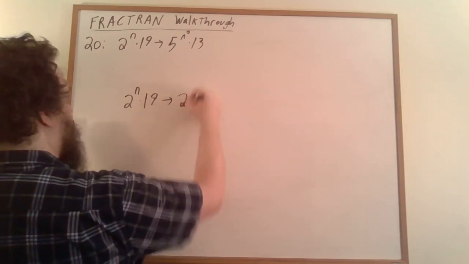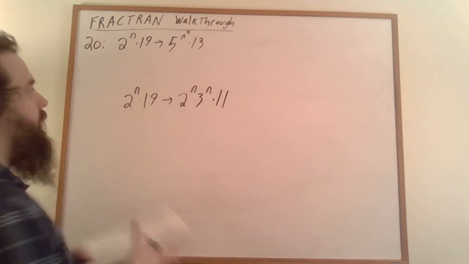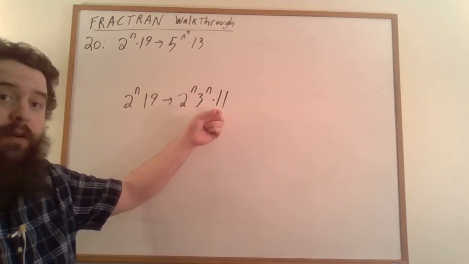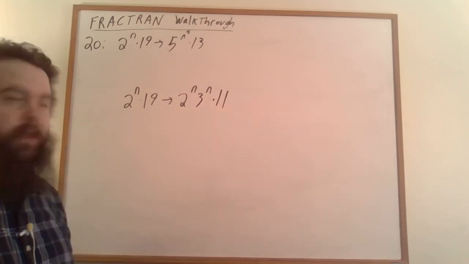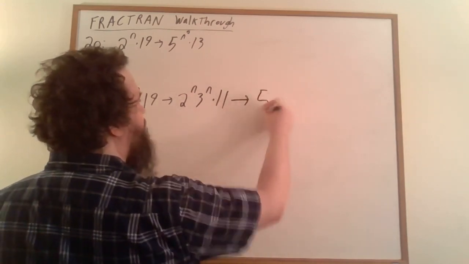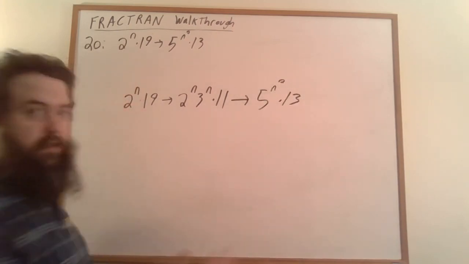So 2 to the n times 3 to the n times 11, right? We want the control prime to be the appropriate thing for the input to our multiplication function. So our multiplication program will take this and output 5 to the n squared times 13, as desired.